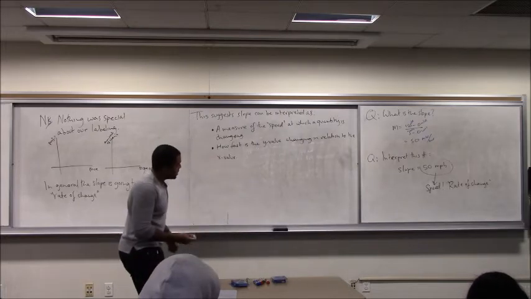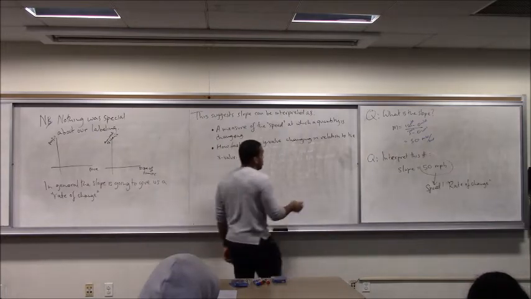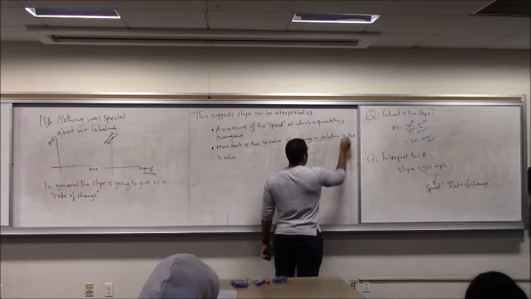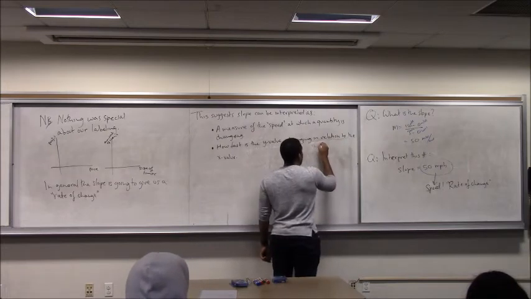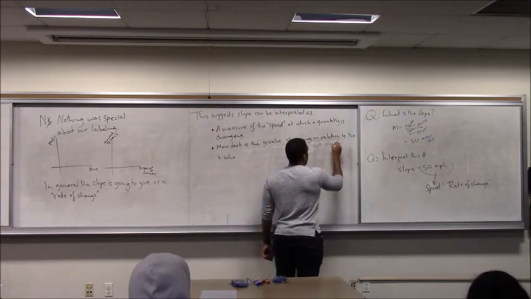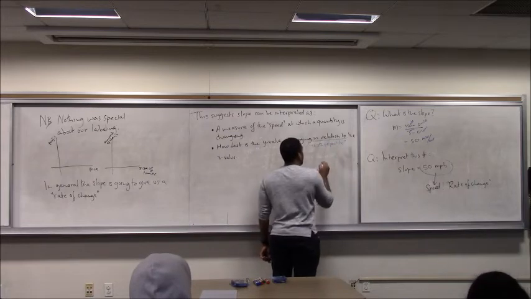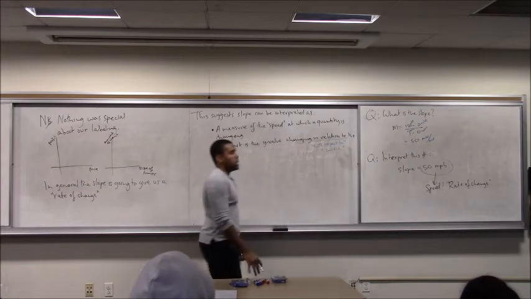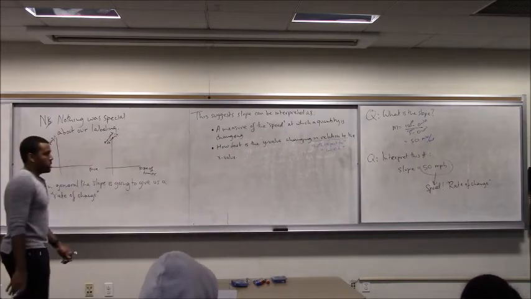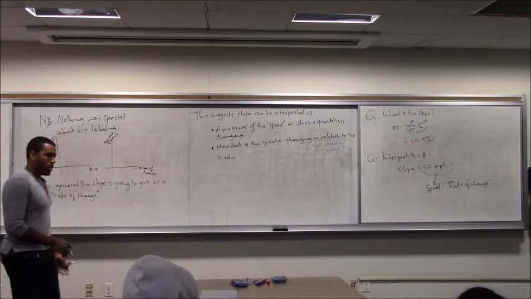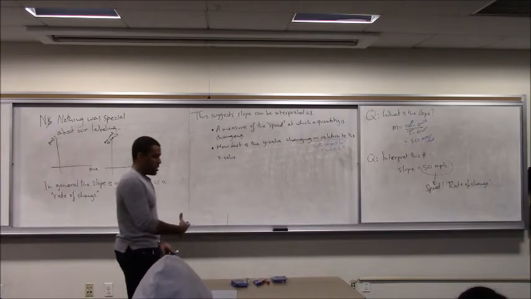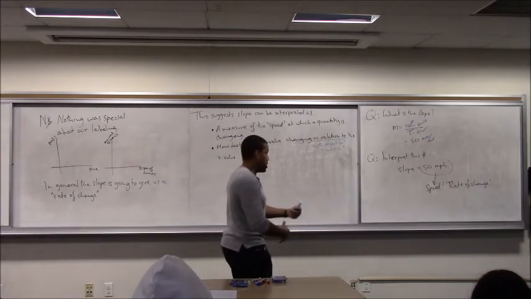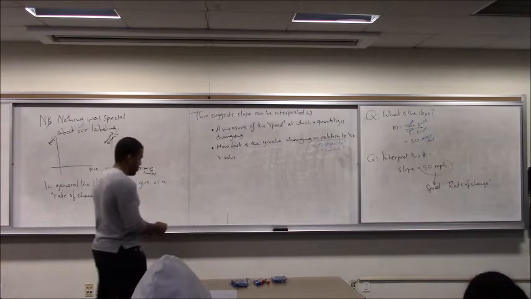Another very common way to say changing in relation to is the phrase with respect to, which we might abbreviate as WRT. So if you see me write that, I mean with respect to. This just means you're comparing these two quantities and seeing how this thing is behaving in relation to that thing.